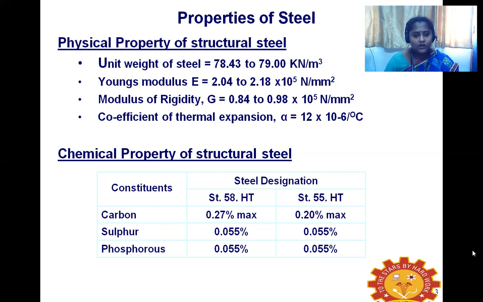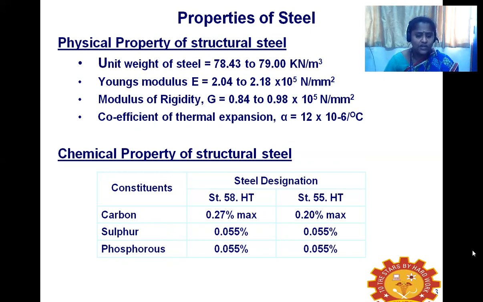And further, the shear modulus, denoted by the symbol capital G, has a value that ranges from 0.84 to 0.98 x 10^5 N/mm². Finally, the coefficient of thermal expansion, denoted by the symbol alpha, has a value of 12 x 10^-6 per degree centigrade.